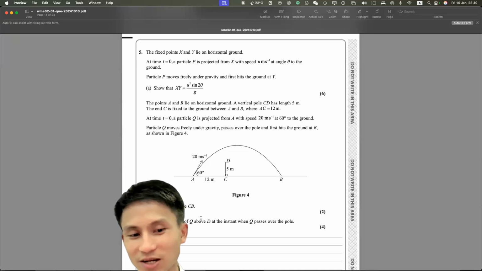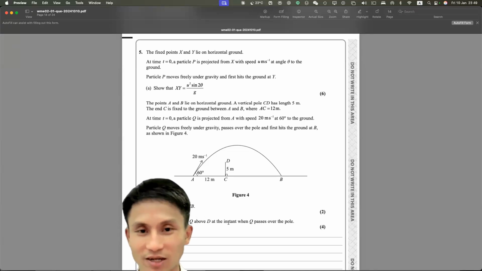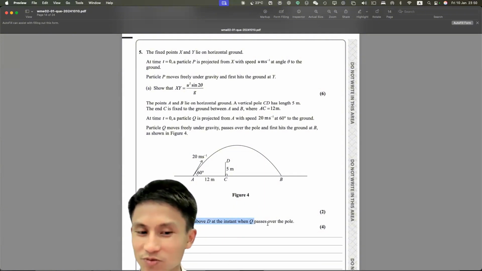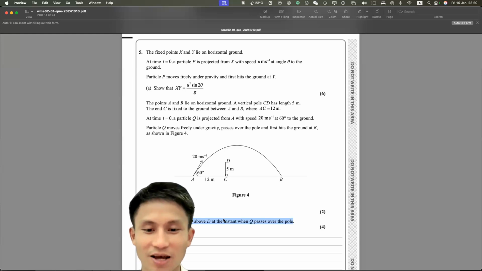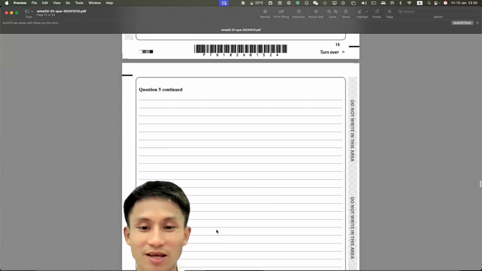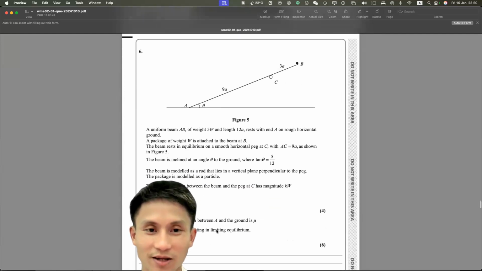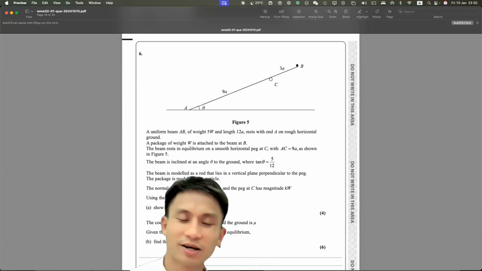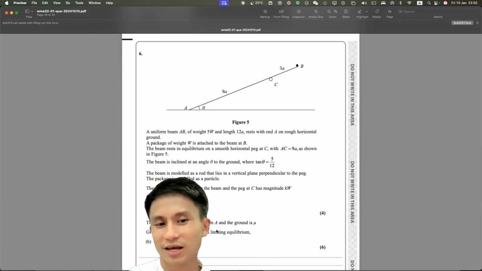And the second one here is quite easy. This is an easy projectile question, but I think most candidates will make a mistake on this because they thought they would find the height at C, but it's actually finding the height above point D. So they might lose 1 mark there, most people. Or maybe not. But you got to be careful with a lot of algebra there.